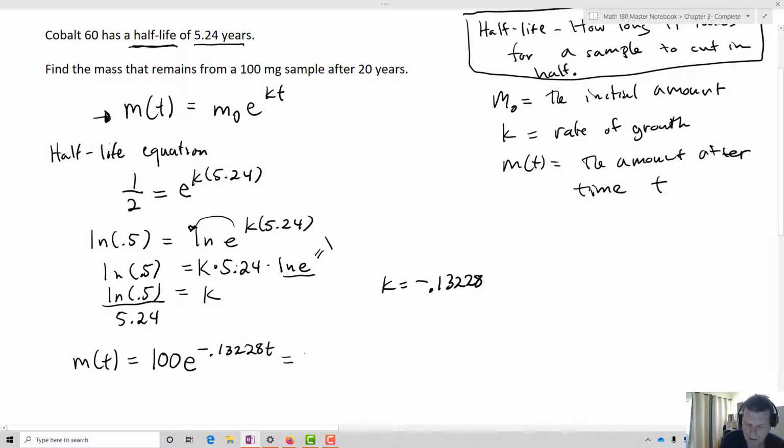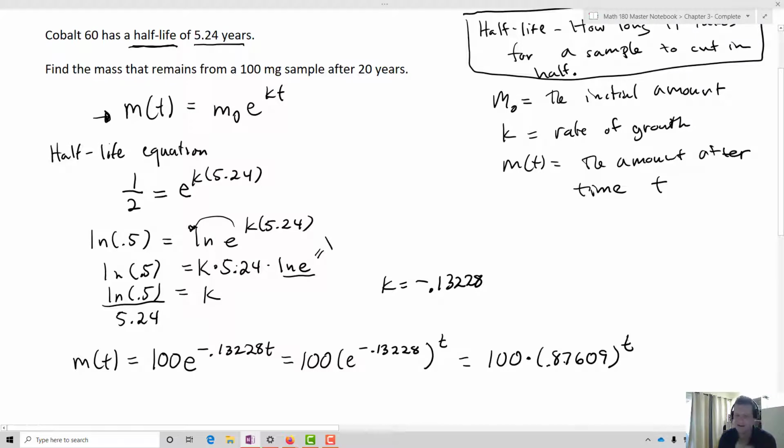I can rewrite this as 100 times e to the negative 0.13228, to the tth power, and by calculating e to the negative 0.13228, what I get is 100 times 0.87609 to the t. A couple of things to notice here.